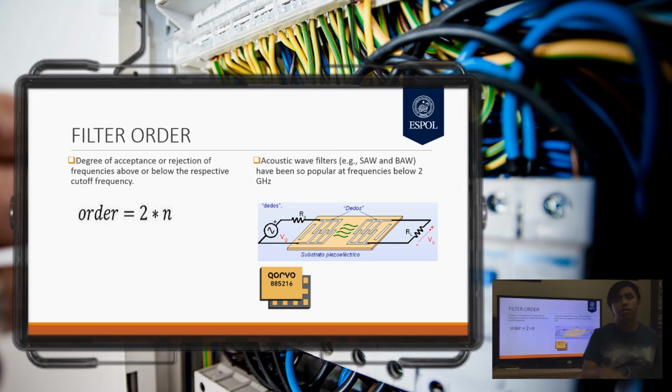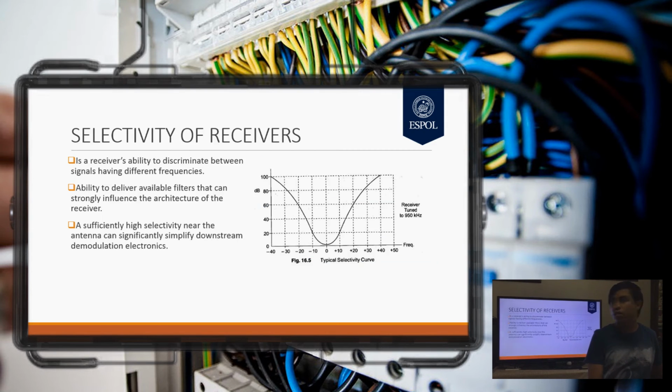Then we have the filter order, the degree of acceptance or rejection of frequencies above or below the respective cutoff frequency. Order is equal to 2 times the n variable. Acoustic wave filters have been very popular at frequencies below 2 GHz. And finally, we have the selectivity of receivers.